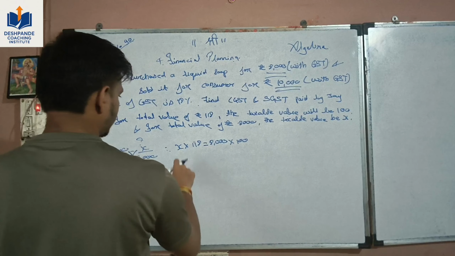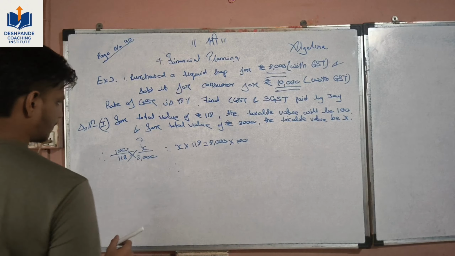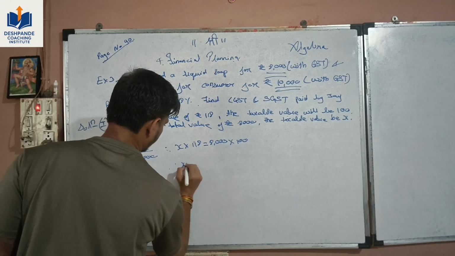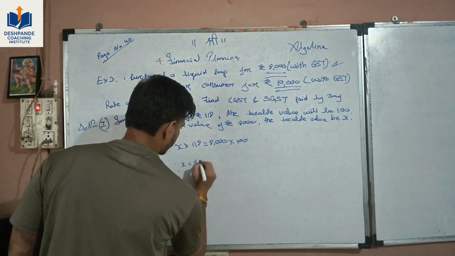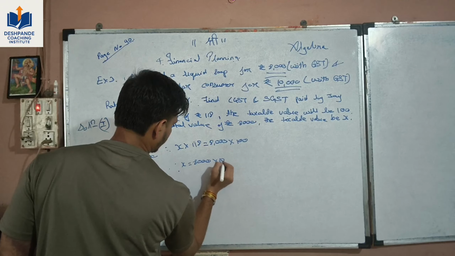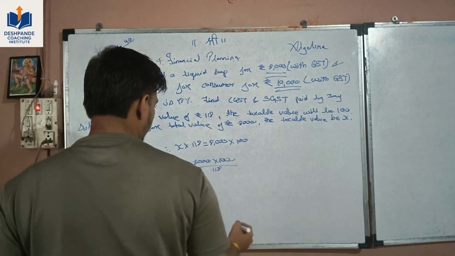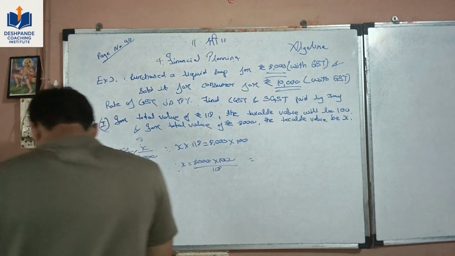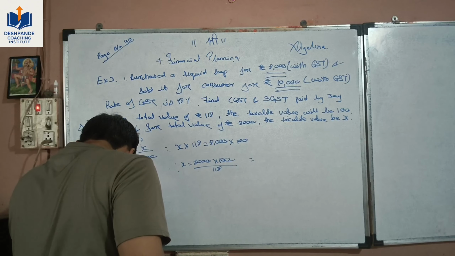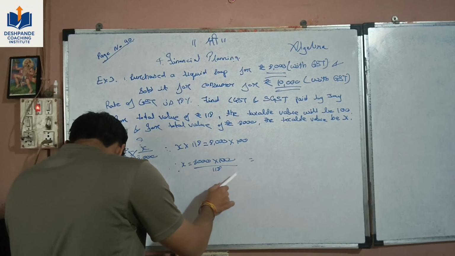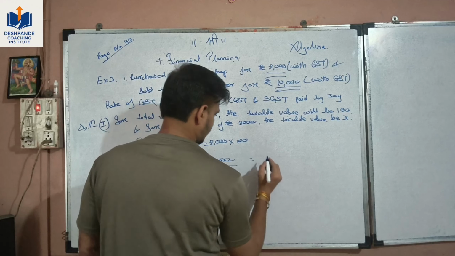X is in multiplication with 118, so it crosses the equal sign and becomes division. X will remain here and 118 will become divide 118. After solving this we get the value. I am not solving this, you have to solve and tell. The answer we get after solving this is 6,779.66.